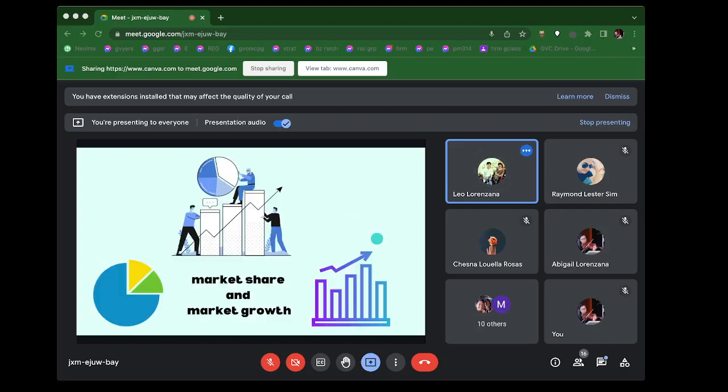Next slide. To understand the Boston Matrix, we need to understand how market share and market growth are interrelated. Next slide, please.